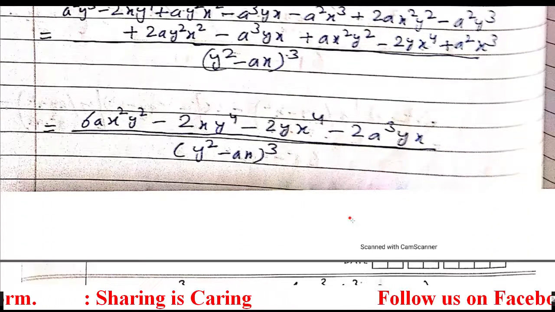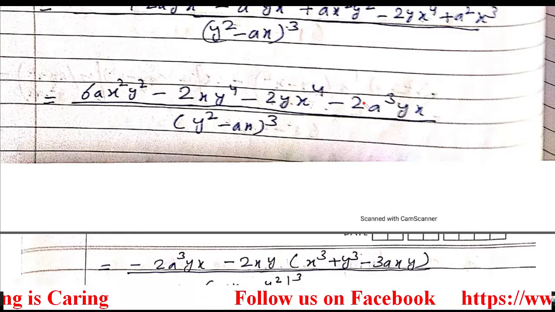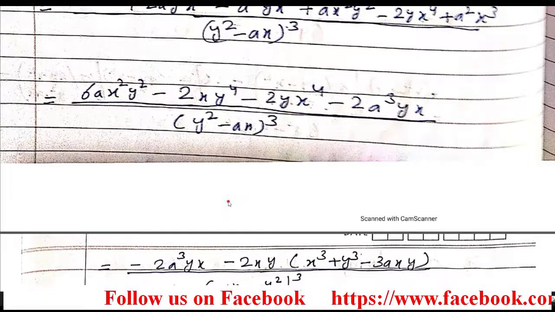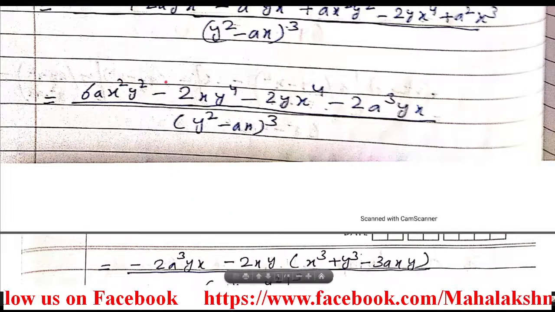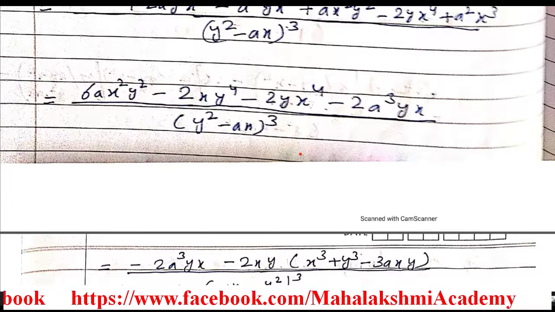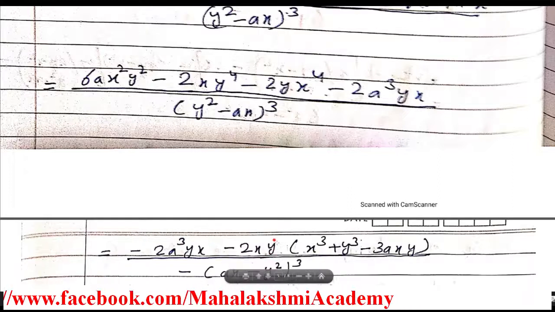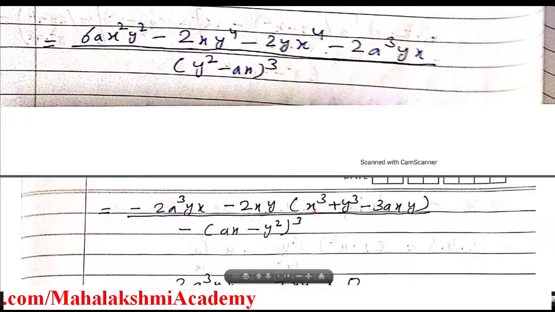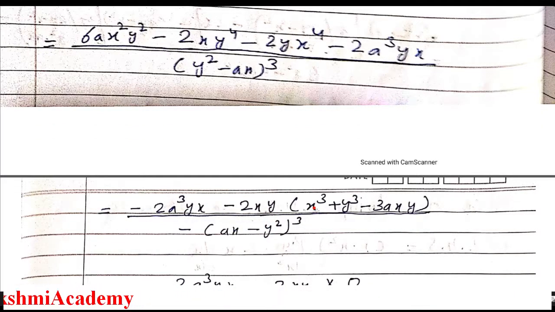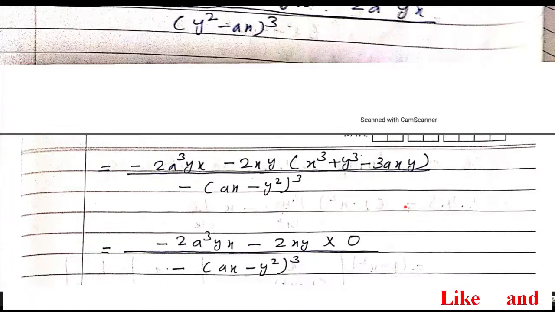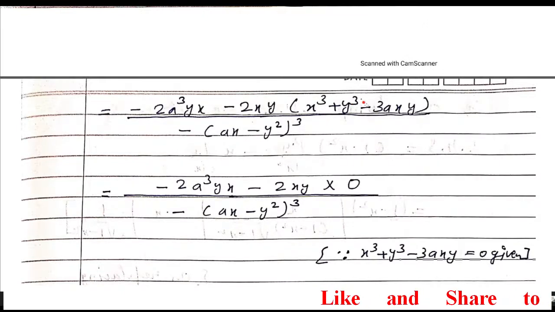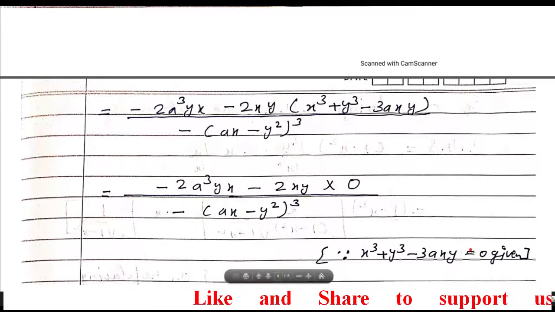Now here what we will do is, this minus 2a cube by x is kept as it is, and from the first term, second term and third term you can just take 2xy, minus 2xy common. So in the bracket you remain with x cube, y cube and 3axy, and you know that this is equal to 0, as already given in the question.